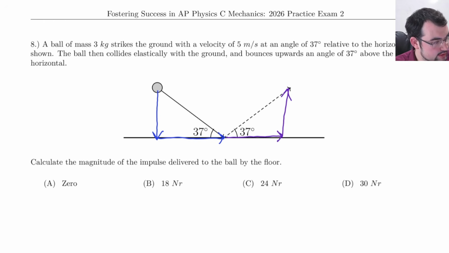And just to compute these things, our velocity was 5 meters per second, and elastic tells us there's no energy loss. So if we do that, this is just a 3, 4, 5 triangle. So these are our speeds. Because 5 cosine 37 is 4, and 5 sine 37 is 3.